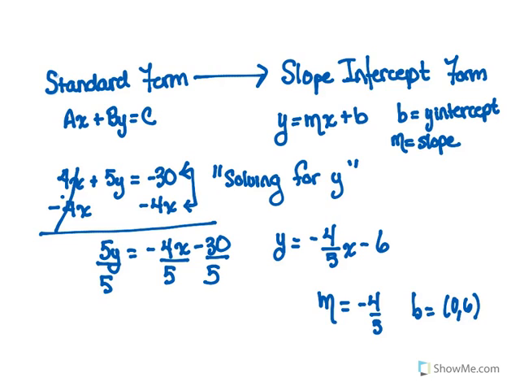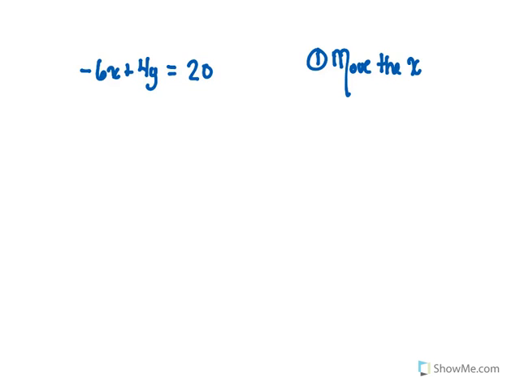Okay, now let's do at least one or two more of these, because I think it's really important that you guys are comfortable with them. So let's do one more. So here we're going to have negative 6x plus 4y is equal to 20. So the first thing you're going to do is move the x term to the right.